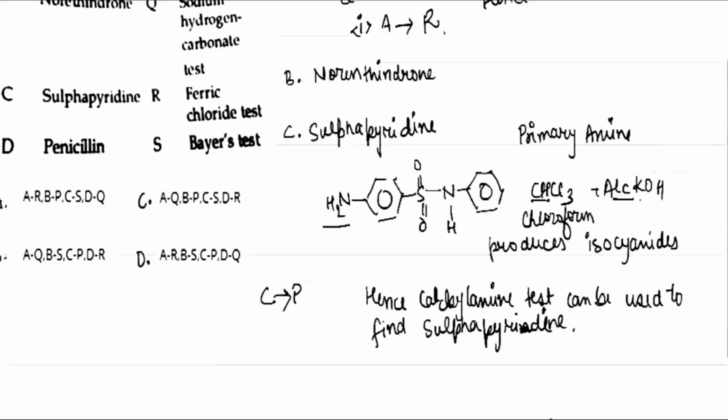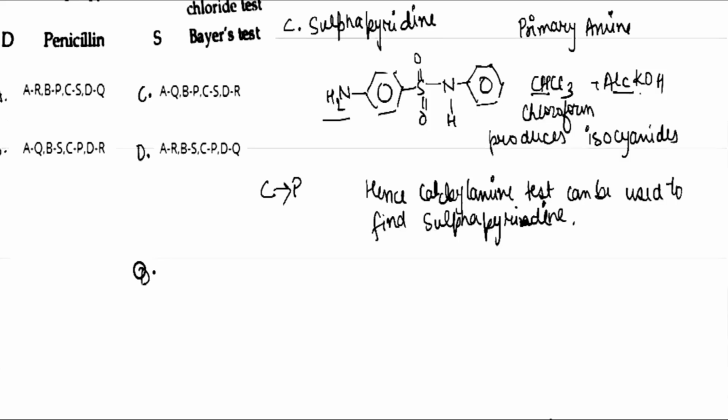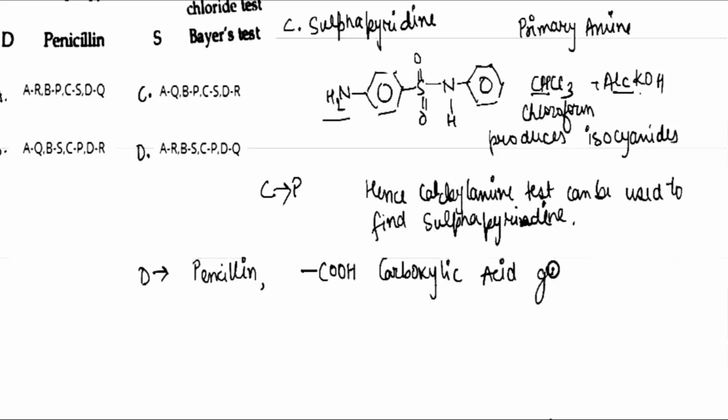And at last, option D, which is penicillin. Penicillin is a very complex structure, but it includes a carboxylic acid group. Carboxylic acids are not strongly basic, but on reaction with NaHCO3, they release CO2 gas with effervescence.